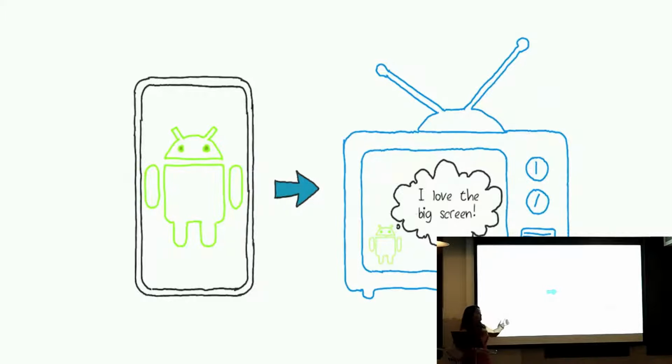Music apps, some fashion related apps, apps for TED Talks, but mainly very visual content, right? So that's the first thing where you should question yourself: do I need this app on TV?